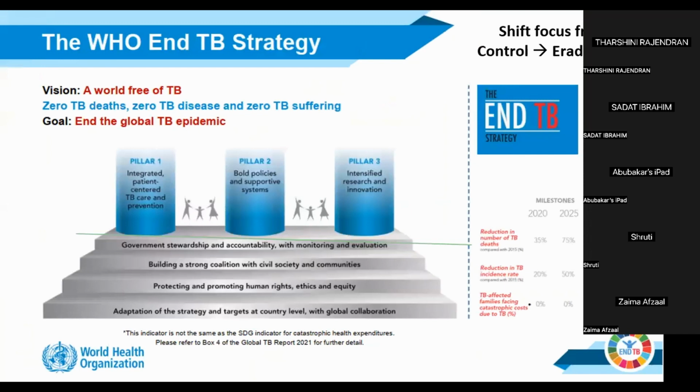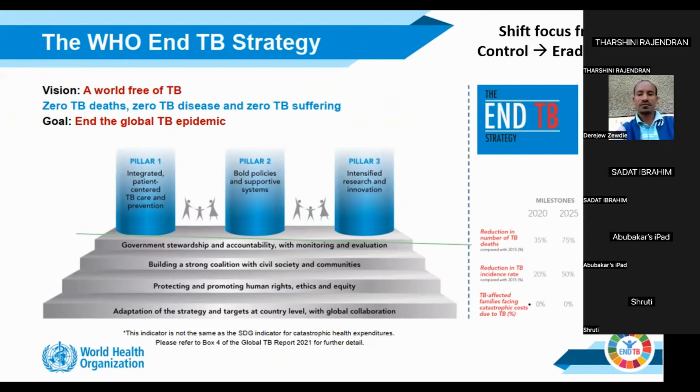It was in 2015 that all heads of states in the United Nations agreed that the time has now come to shift from control to eradication. So an End TB project was started.